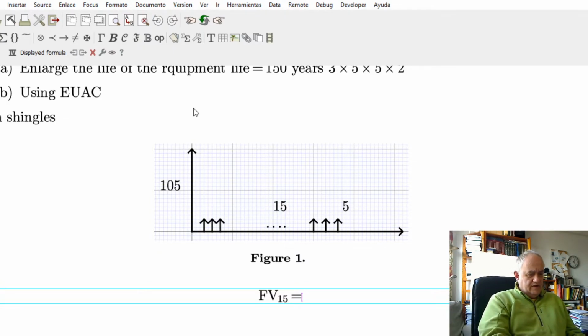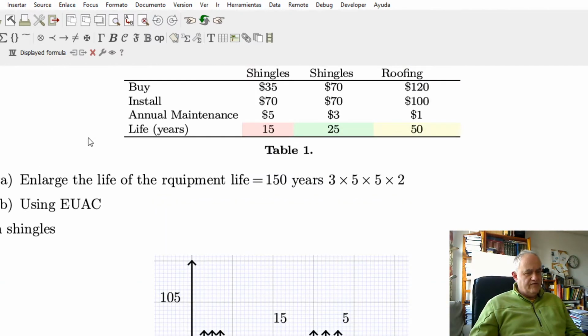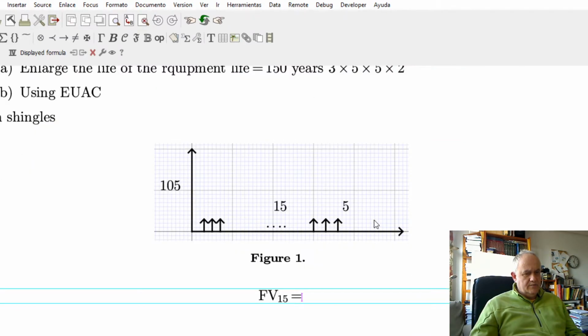First, we have an initial value of 105. 105 is the cost of buying and installing. So the future value of this, at time equal to 0, 1, 2, 3, 4, 5, and so on, is 15 periods after that.